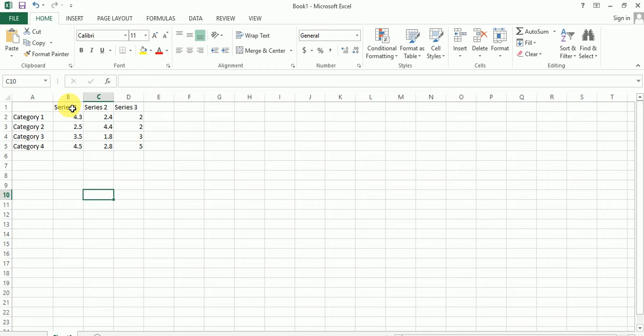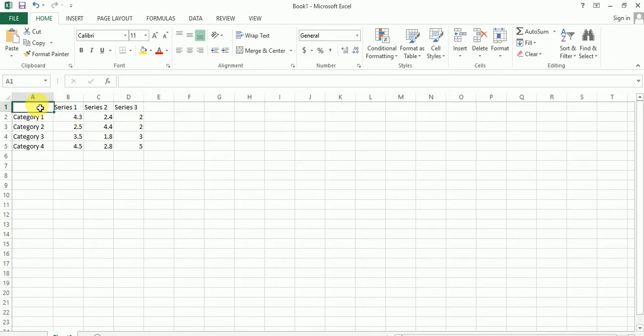How can I insert a chart? When you insert a chart in MS Excel, MS means Microsoft. When you insert a chart in your MS Excel, you can write series 1, series 2, category, and enter the values of the chart. Any value, no problem.